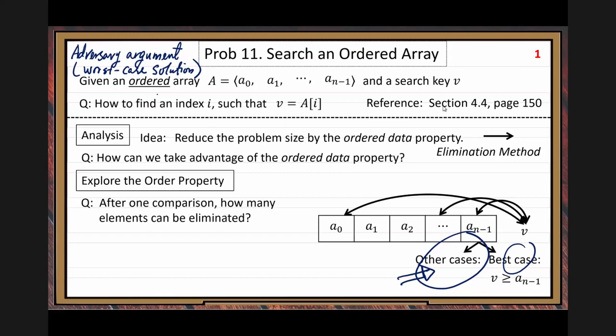Not make your life easy. Okay? It's very smart, so the adversary can take the best strategy to make your life hard. So here, we have two options, the best case and the other cases. Now, in order to fight against the worst case, we ask our adversary, which one do you want to give us?